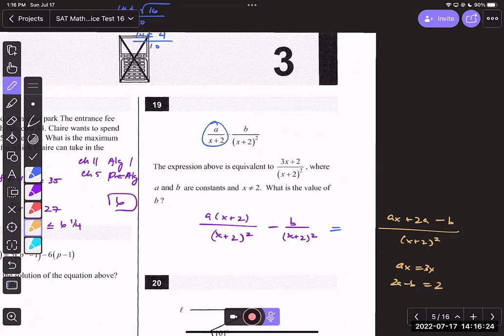That has to be true because this is the only piece that has x and this is the only piece that doesn't have x. The pieces that have x need to match, and the pieces that don't need to match. So a is equal to 3, and if a is 3, then 6 minus b is equal to 2, which means b is equal to 4. That's our answer: b is equal to 4.